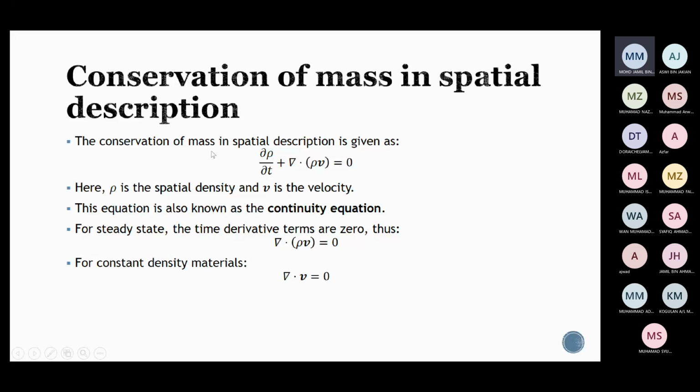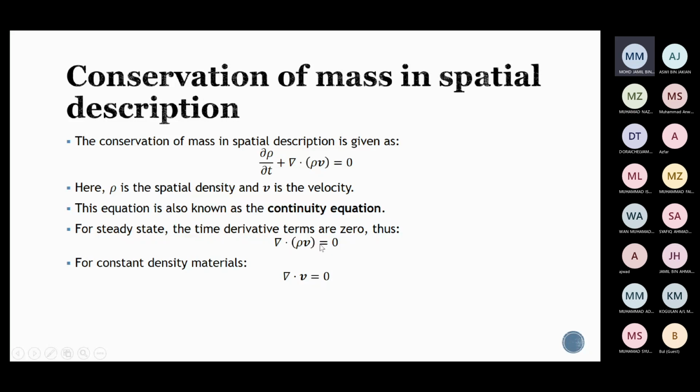The conservation of mass in spatial description is given by this relationship: ∂ρ/∂t + ∇·(ρv) = 0. Here ρ is the density, or the spatial density, and v is the velocity of that particular point. This equation is also known as the continuity equation. In steady state, meaning that the object doesn't move anymore, we can assume that the time derivative equals 0.